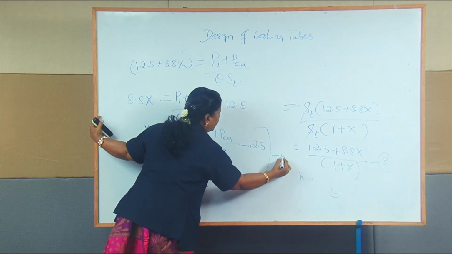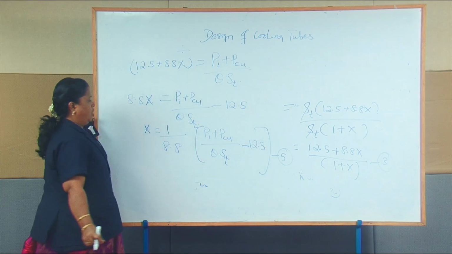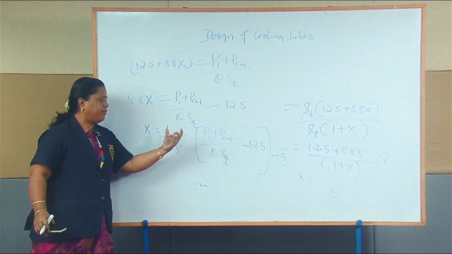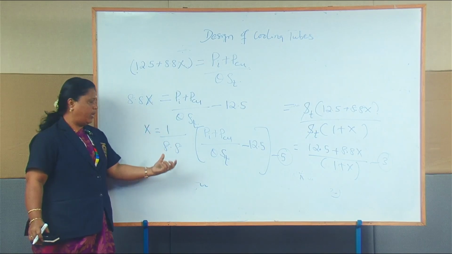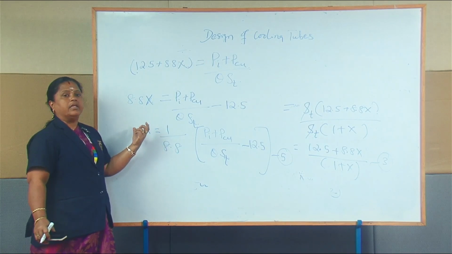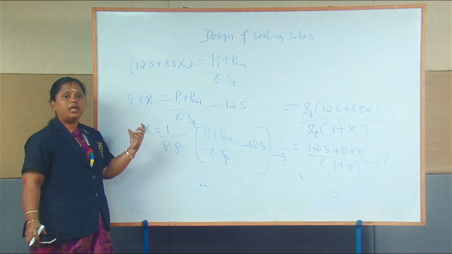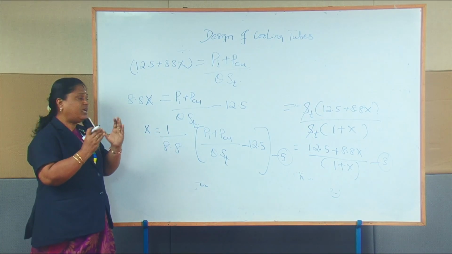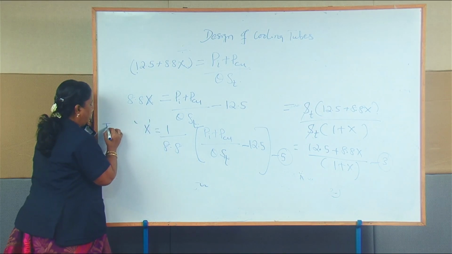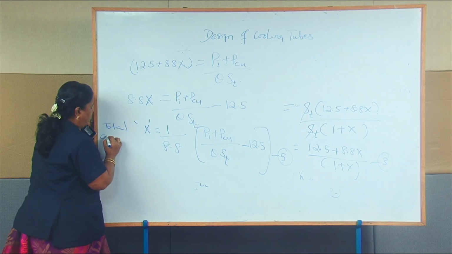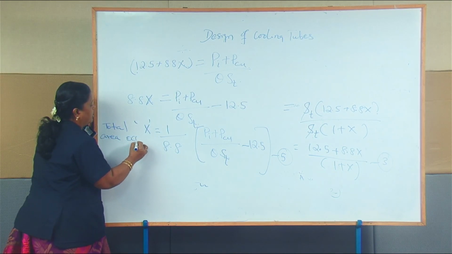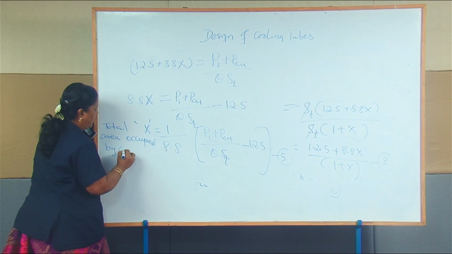Consider this as equation 5. Equation 5 gives you the formula to calculate the total area occupied by cooling tubes.